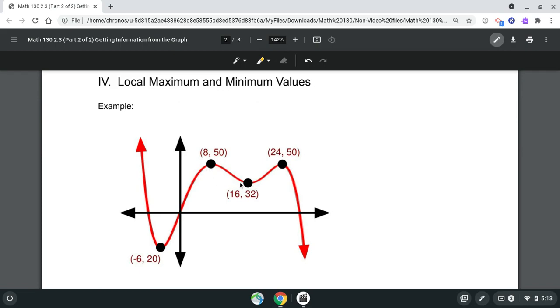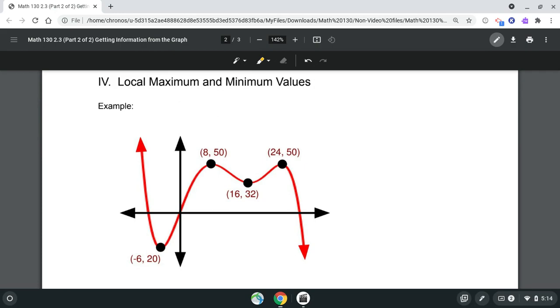If I drew a little circle around this point right here, then that would be the lowest point in this neighborhood. So that would be a local minimum. Same thing here. If I drew a circle around here, that point would be the highest point in this little neighborhood. So we're looking at these little neighborhoods at these points of transitions, and those are called our local maximums and minimums.